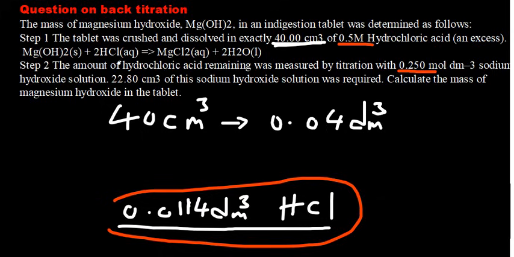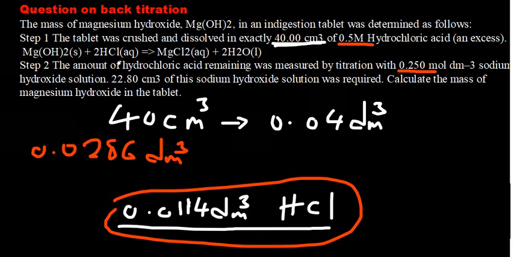So let's subtract it from what we started with. 0.04 minus 0.0114, our difference is going to be 0.0286 decimeter what? Cubed. So this is the volume that reacted in the first experiment.